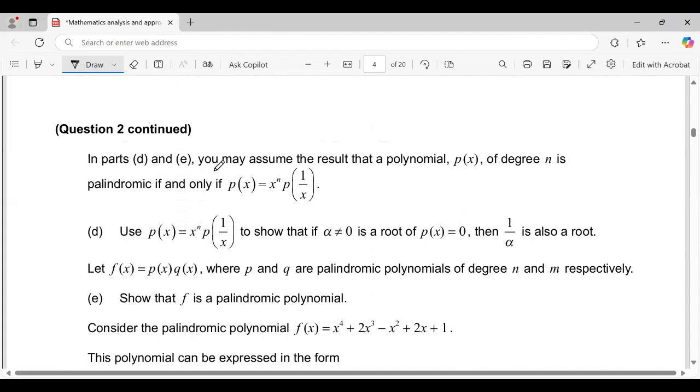In parts D and E, you may assume the result that a polynomial P(x) of degree n is palindromic if and only if P(x) equals x to the power n times P of 1 over x.